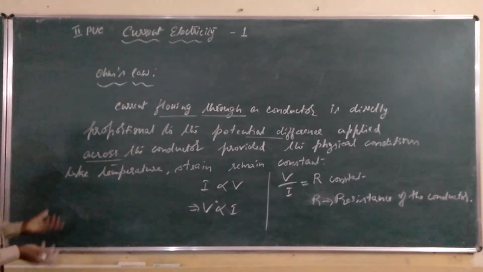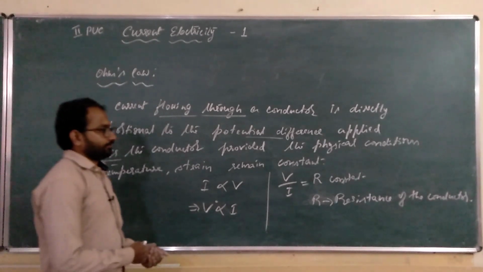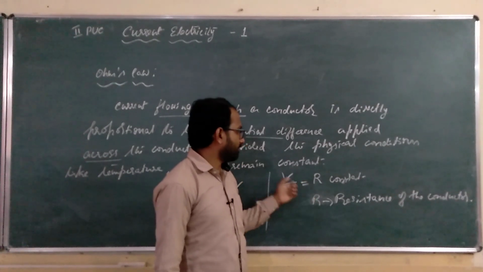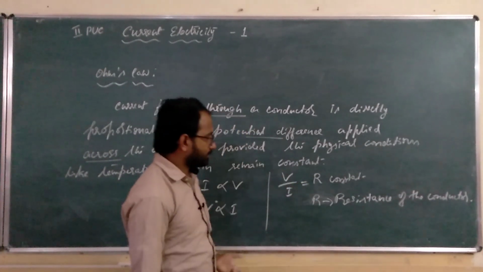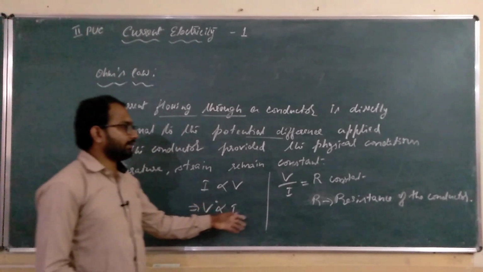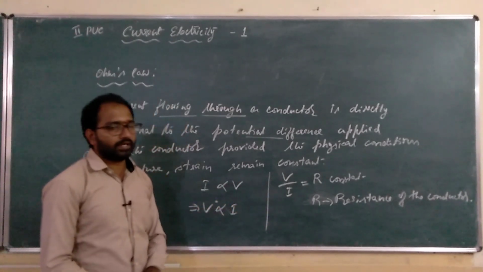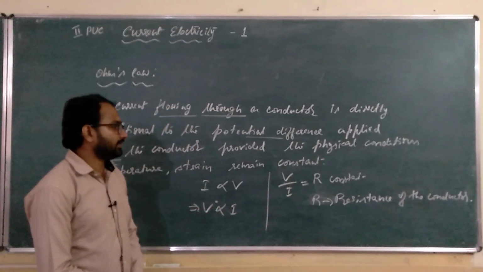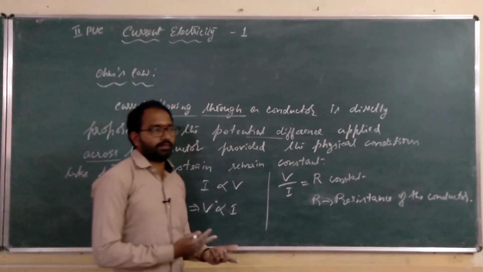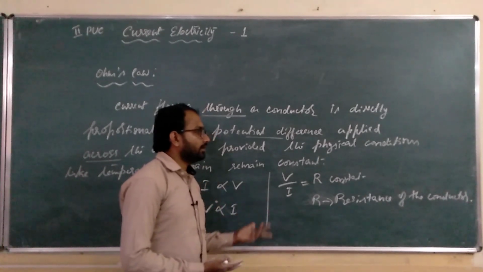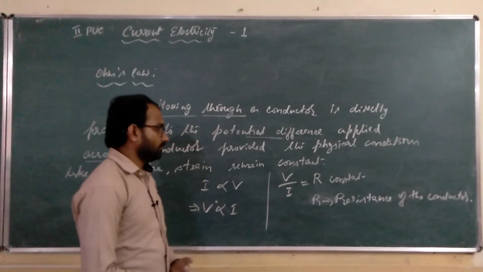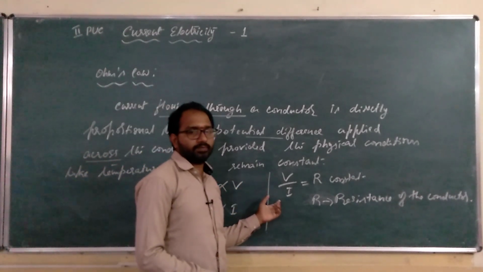Whatever the material used, V by I always serves as the expression for resistance. For a conductor, V is directly proportional to I. In general, to calculate the resistance of any material, maybe a conductor, an insulator, or a semiconductor, just calculate the ratio of the voltage applied across it to the current flowing through that particular material.